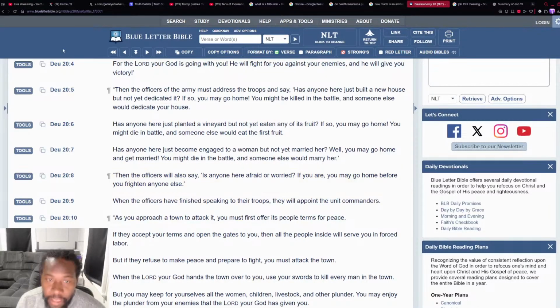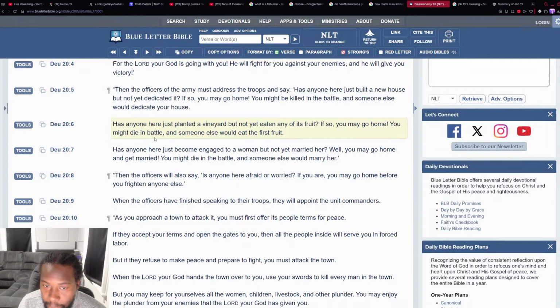Then the officers of the army must address the troops and say, has anyone here just built a new house but not yet dedicated it? If so, you may go home. You might be killed in the battle and someone else would dedicate your house. Has anyone here just planted a vineyard but not yet eaten of any of its fruit? If so, you may go home.